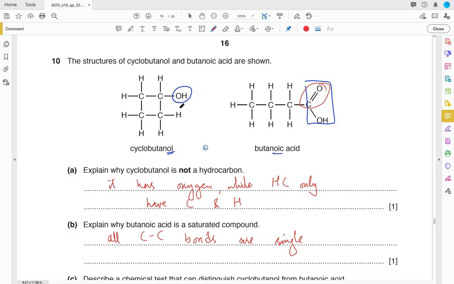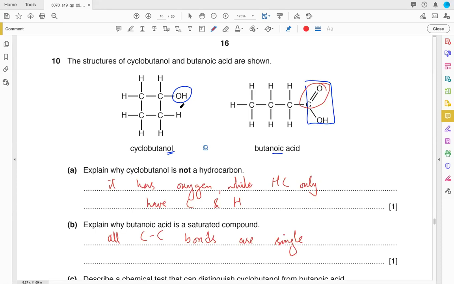So you can say that add cyclobutanol to maybe ethanoic acid, a sweet smelling compound is made, but it doesn't happen with butanoic acid, because alcohol and acid can convert to what we call an ester, but acid and acid obviously cannot.